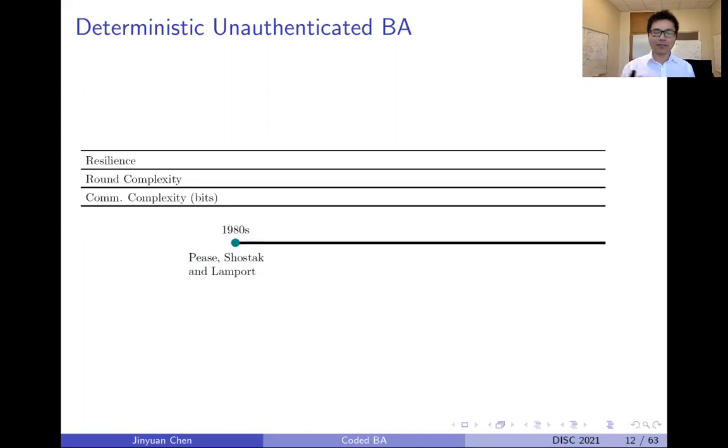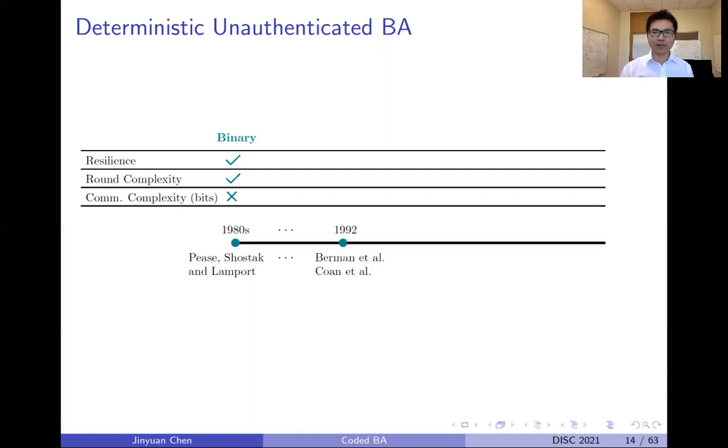Focusing on the binary case of the BA problem, the protocol proposed by Pease, Shostak, and Lamport in 1980 achieves the optimal performance in resilience and round complexity, but the communication complexity is exponential.